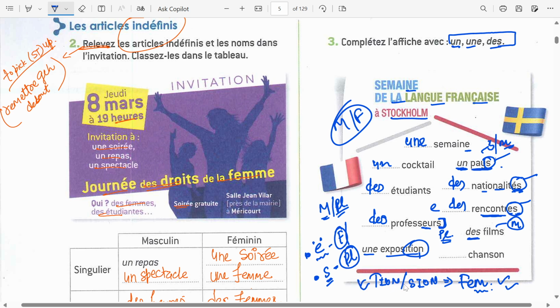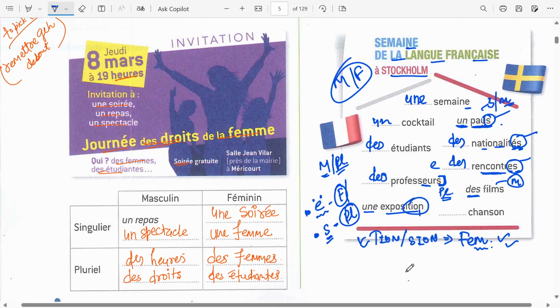So TION, like if I write population, population means population, so what would we be writing? Populations, okay? Population, so la population or une population, feminine one, if it's being put in the singular form. So une population, une exposition, une table. So SION based ending.